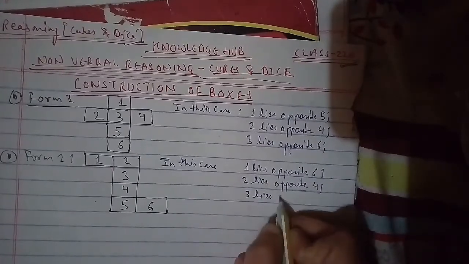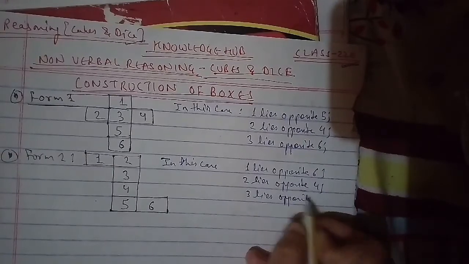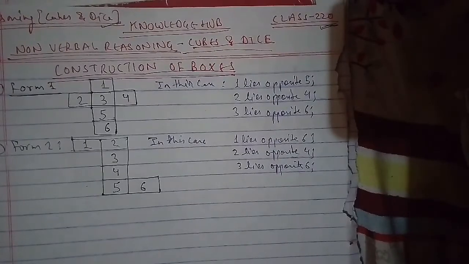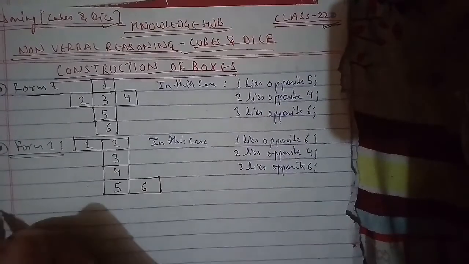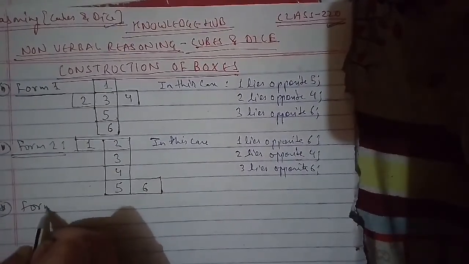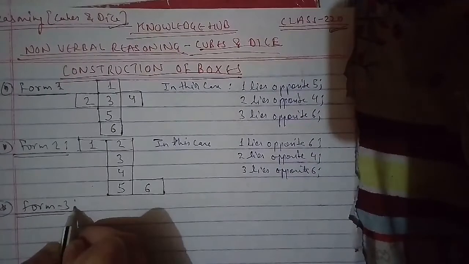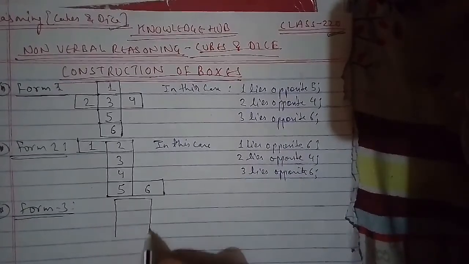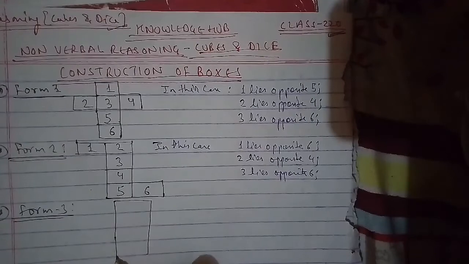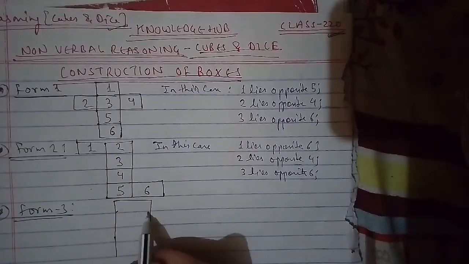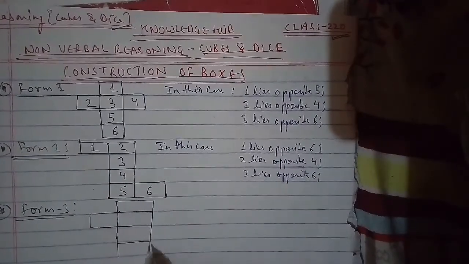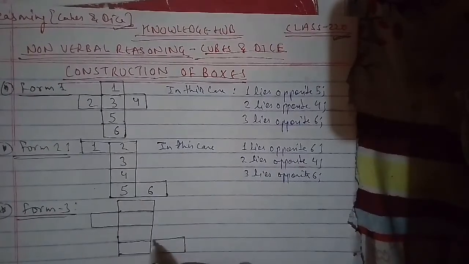Now we'll talk about the next one, that is the third form. Okay, this is how it will be. So this has 1, 2, 3, 4, 5 and 6.